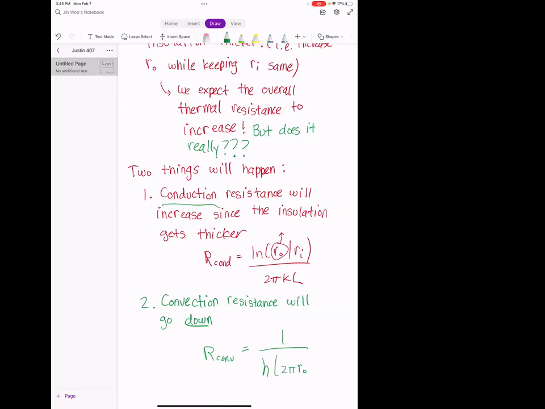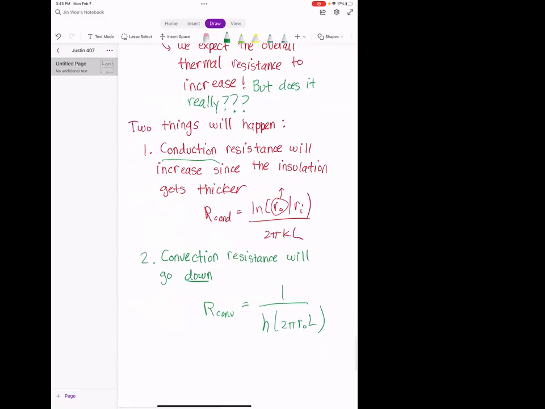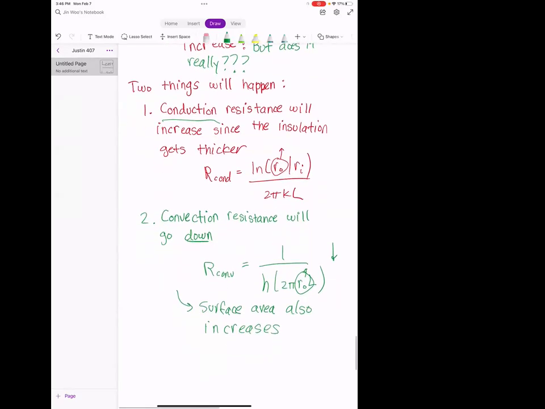If we look at it, you can see that Ro is in the denominator, so if we increase Ro, it's going to cause our convection resistance to go down. The main reason is that by increasing Ro, we're also increasing the outer surface area of the cylinder, and by increasing the surface area, you're reducing the convection resistance.